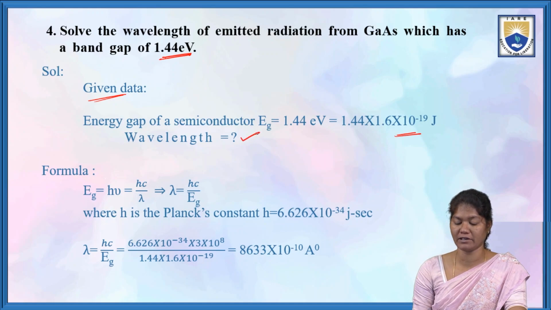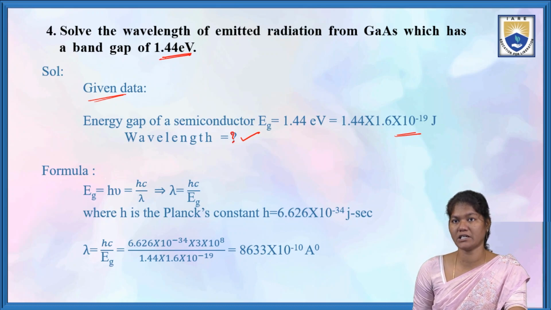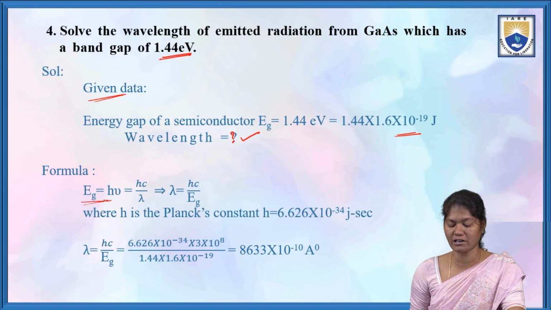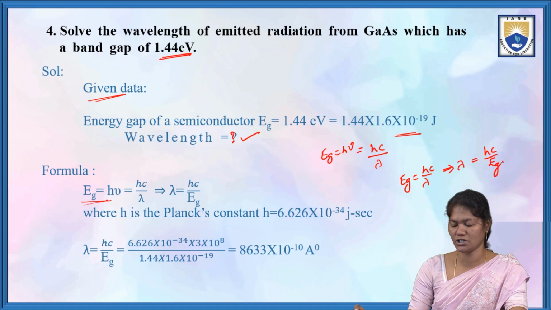So we have to calculate the wavelength of emitted radiation. The formula is energy gap Eg equal to h nu, where nu is c by lambda, so Eg is equal to hc by lambda. We want lambda, so lambda is equal to hc by Eg.